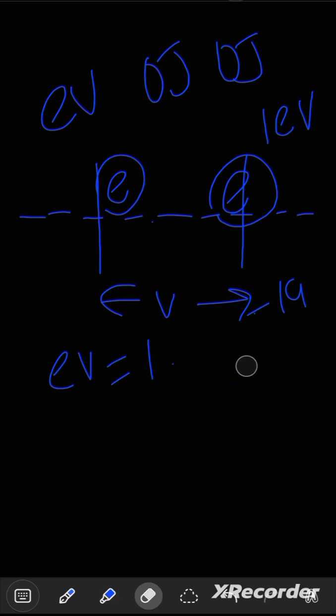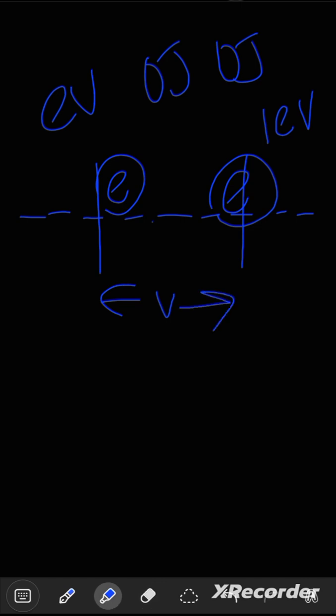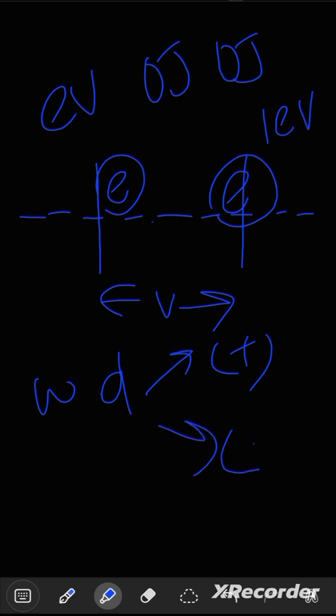Now, I described this as being work done, right? I want you to pause the video and think for a second: what is the sign of work done? Work done can be of two types. You can have positive work done, you can have negative work done.